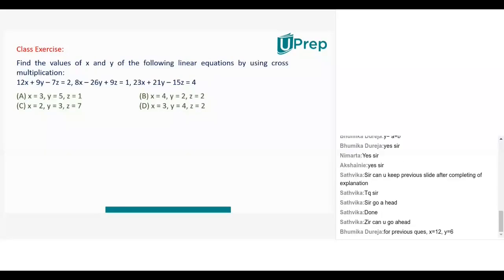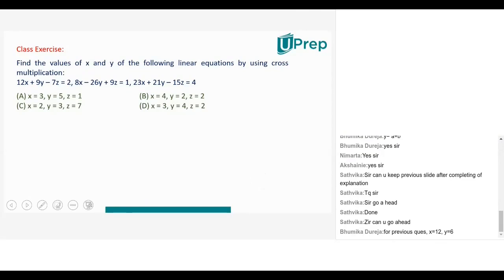Satvika, you can copy that, your first slide. I want you guys to solve this question using elimination method. You do elimination method, I'll tell you how to solve the same question using cross multiplication method. You guys can easily solve using elimination.